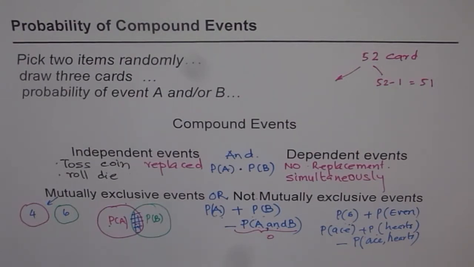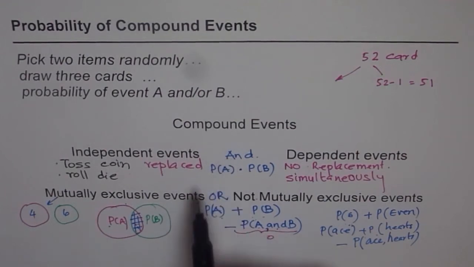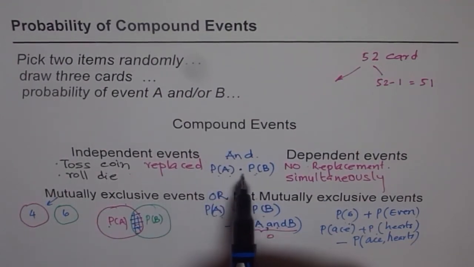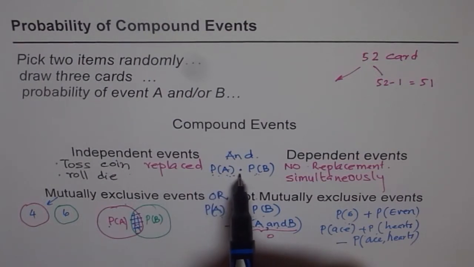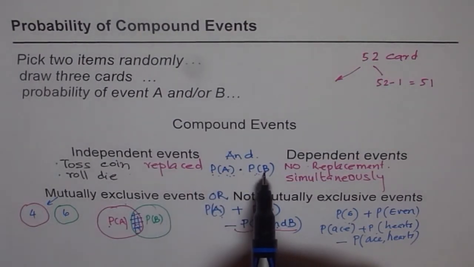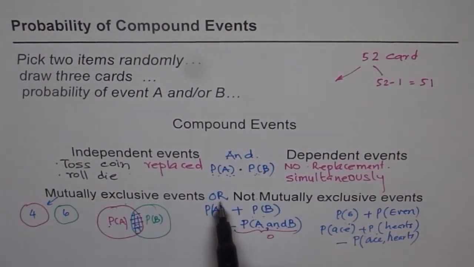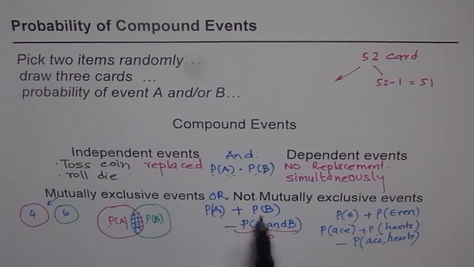Now, if in the question we have probability of event A and probability of event B, that means their probabilities should get multiplied. So AND will involve probability of A times probability of B. But if in the question we have OR, that means probability of A or probability of B, in that case the probability of these two will get added up, right?